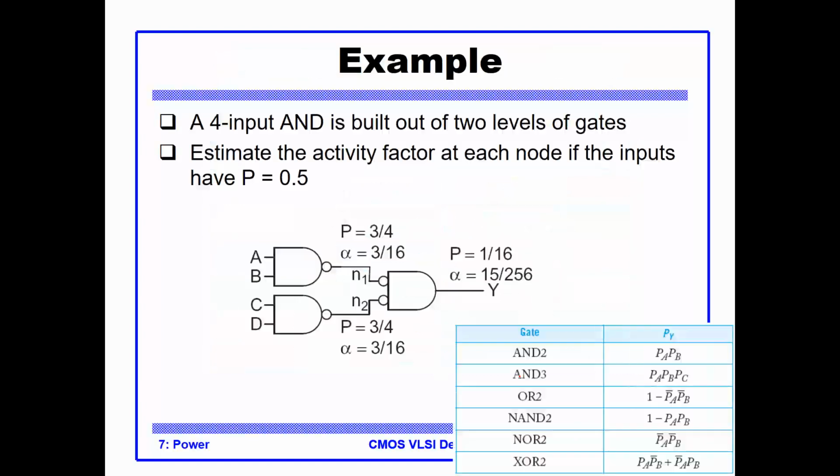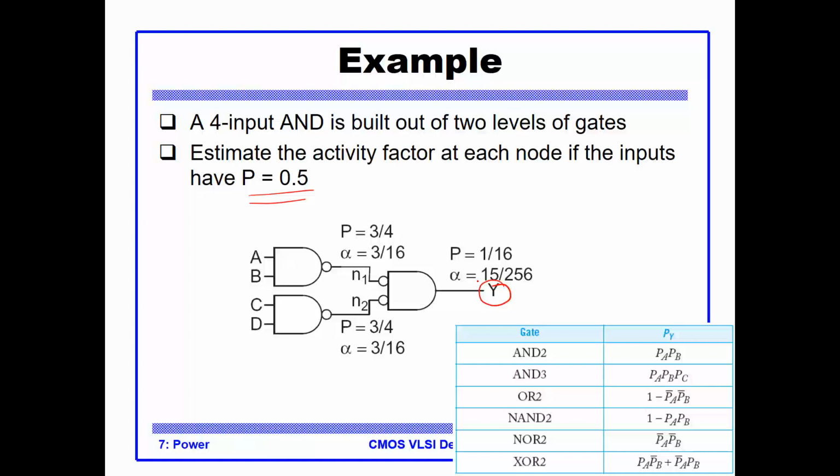Okay, so here's an example. Suppose we know that the probability of the inputs over here is 0.5, and what we want is to calculate the activity factor for this Y. Again, the activity factor is important for us because it relates to power. That's why we are talking about activity factors here.